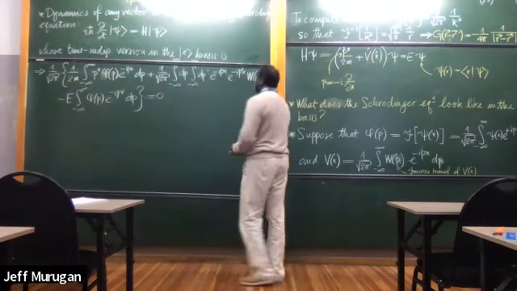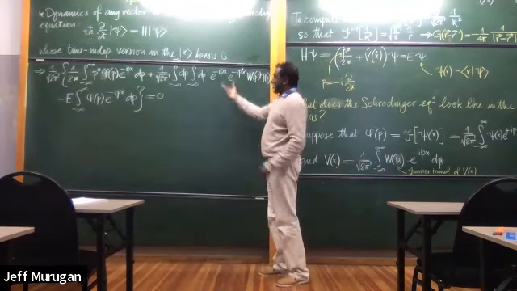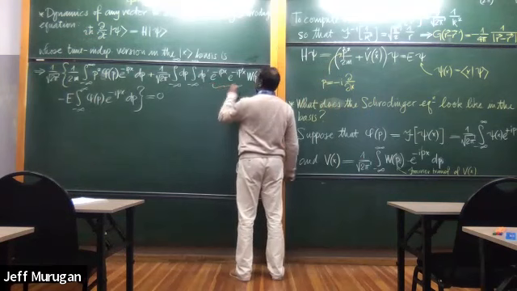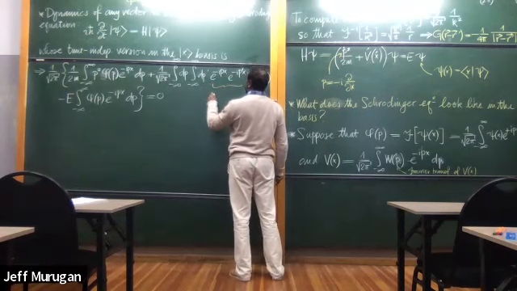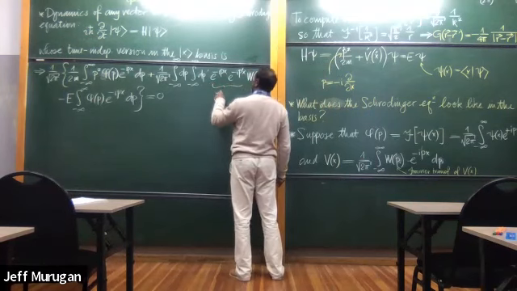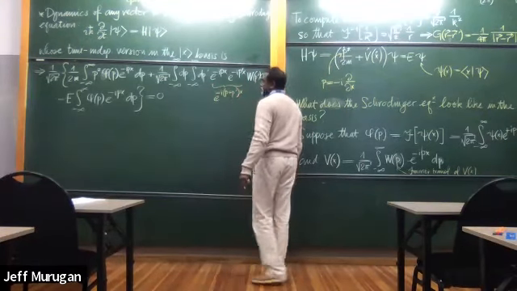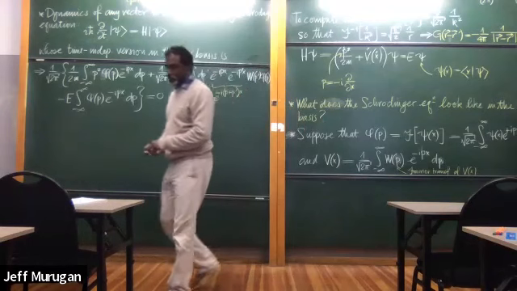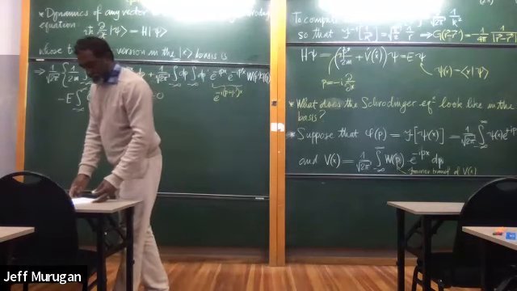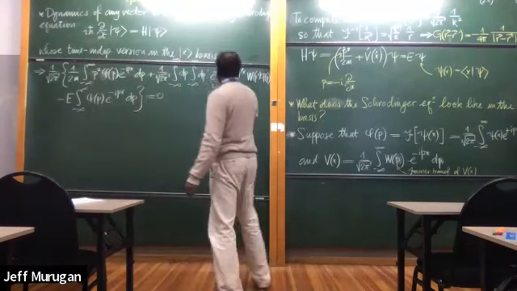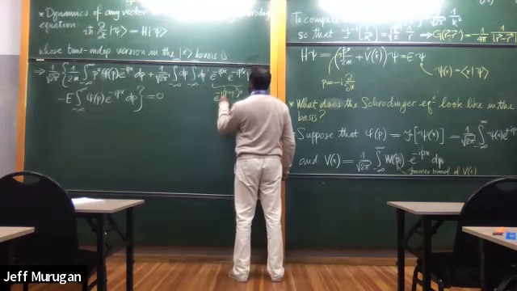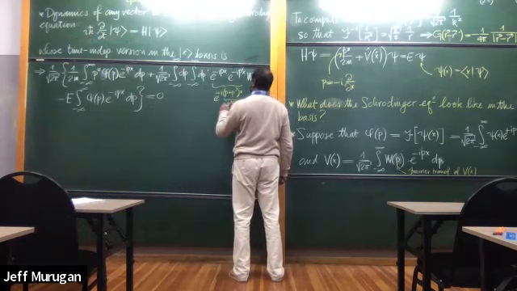In this, I will have an exponential that I write as e to the minus i (p plus p prime) times x. And I'll call this thing p double prime.